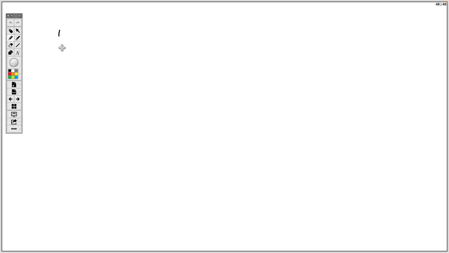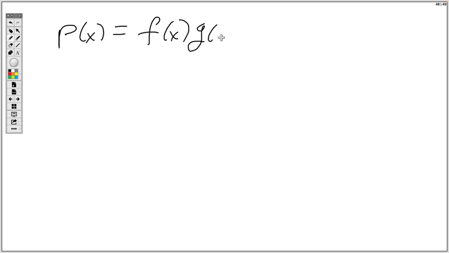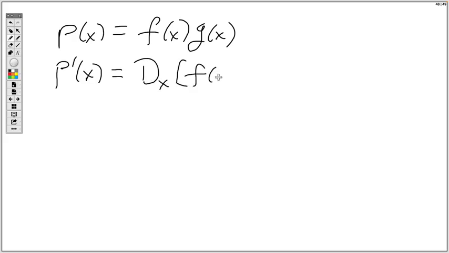Let's look at p of x. P of x is f of x times g of x. So clearly the p here stands for product, because it's the product of f of x and g of x, which means when we go to take the derivative of p of x, what rule do I have to use? You're multiplying f of x and g of x, so I got to use the what rule?